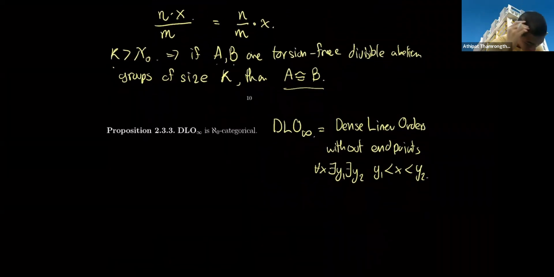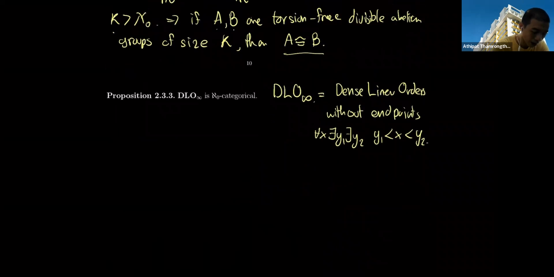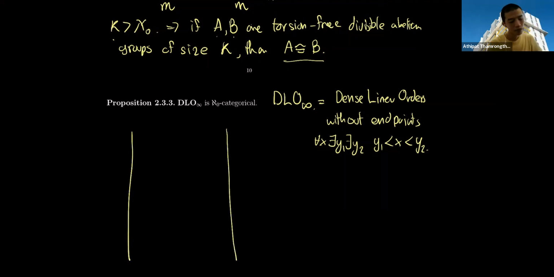And one of the very interesting things, and a very useful technique in model theory, is what we call the back and forth construction. So let me show you the proof of this one by using a picture. Proof by picture here.